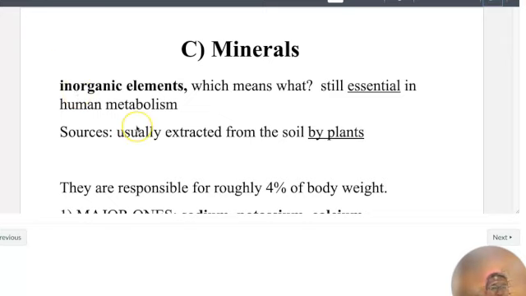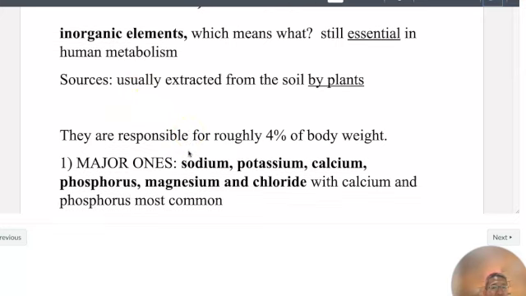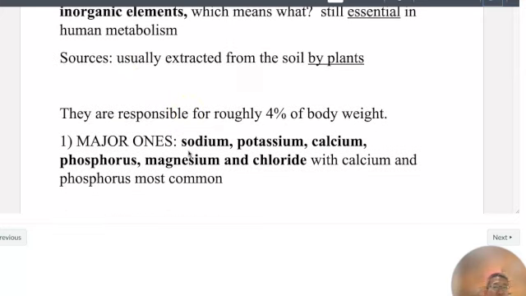It works with your body to make sure it is working properly. Work with other nutrients to make sure your body is working properly. Again, this also cannot be made, and you have to eat it. Okay, usually extracted from soil by plants.